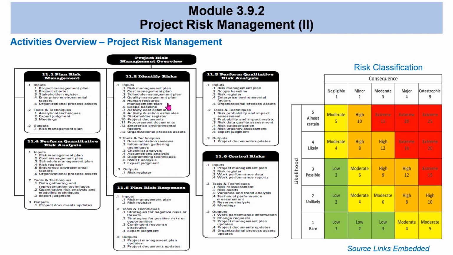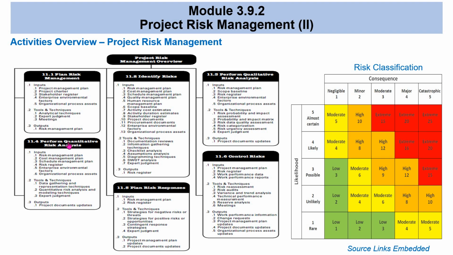Then in the process of managing your project, you identify the risk, or you can even identify them before you start executing the project, and perform qualitative risk analysis, which is something like doing a risk classification, whether it's extreme, high, moderate, or low risk, and you can take action based on that.